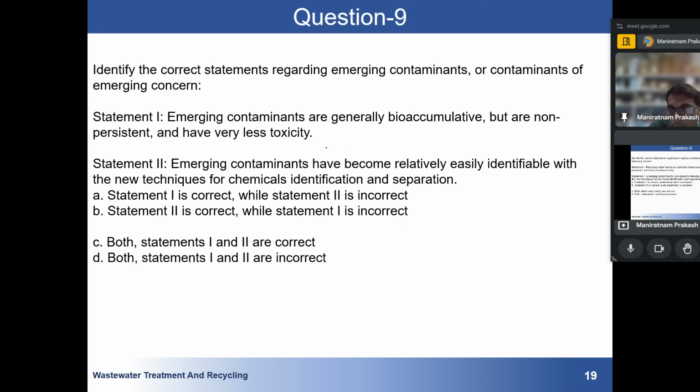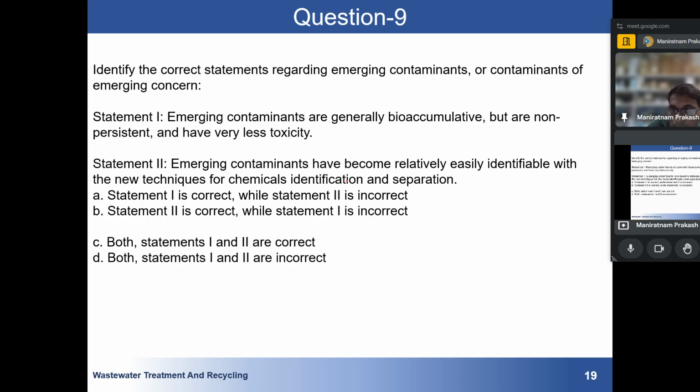Identify the incorrect statement regarding emerging contaminants, or contaminants of emerging concern. Statement 1: emerging contaminants are generally bioaccumulative but are non-persistent and have very little toxicity. Remember, all the contaminants are more or less toxic in nature, so the first statement is incorrect. Without knowing what bioaccumulative means or what emerging contaminants are, you can say this is the wrong statement.